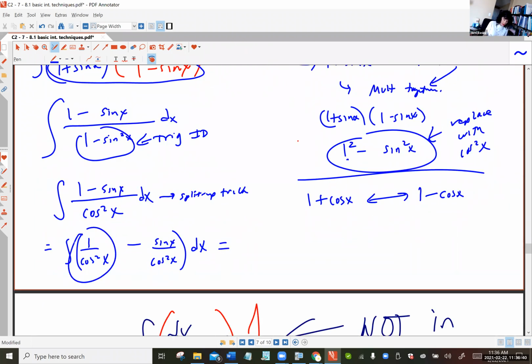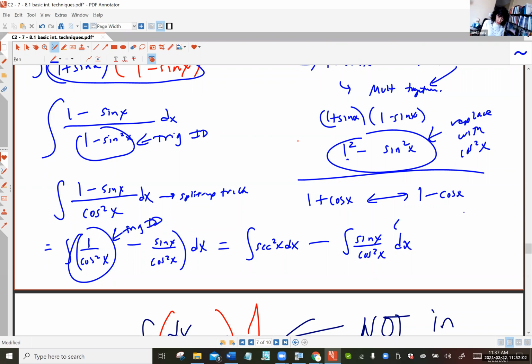This is not integrable, but you're going to use another trig identity. What is the reciprocal of cosine equal to? Secant. Yeah. So the first integral, you're going to integrate sec squared, which is doable. And then the second term, which I'm just going to integrate separately, you're going to use the power rule.